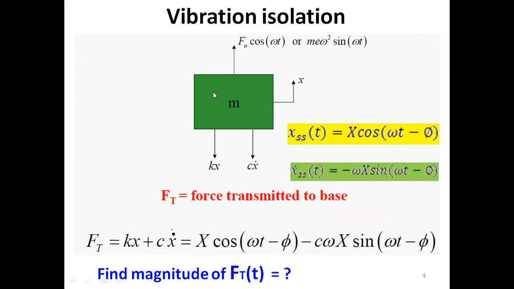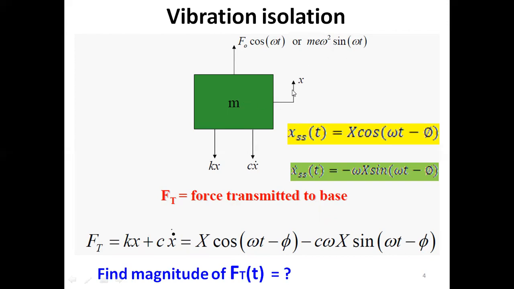Let's say at that instant the mass is moving upward with displacement x of t, shown in this direction, and the excitation force is acting in the upward direction. In the case of harmonic excitation, the excitation force would be F naught cos omega t, and in the case of rotating unbalance, instead of F naught we would have m e omega squared sine omega t.